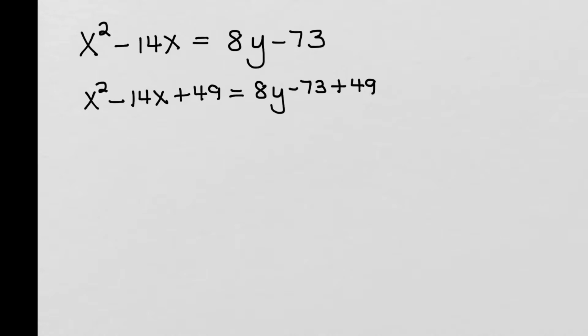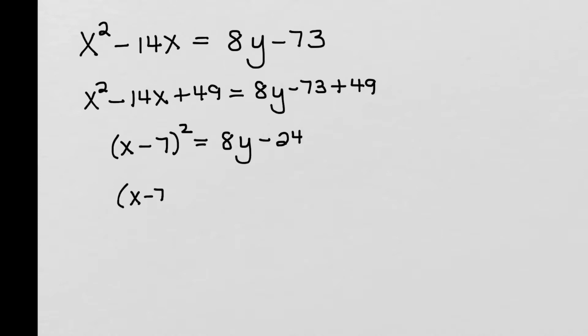Now I'll rewrite my perfect square trinomial in factored form, and I have x minus 7 quantity squared equals, on the right side, 8y minus 24. Still not quite in standard form.